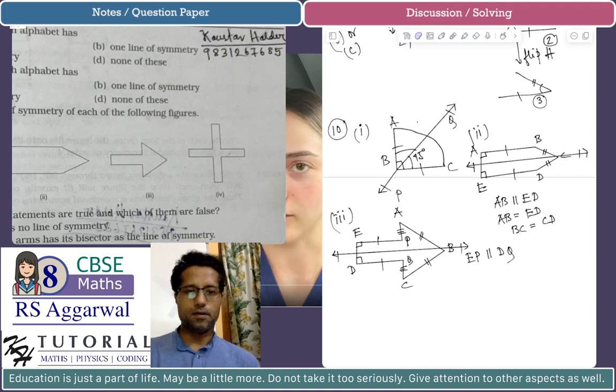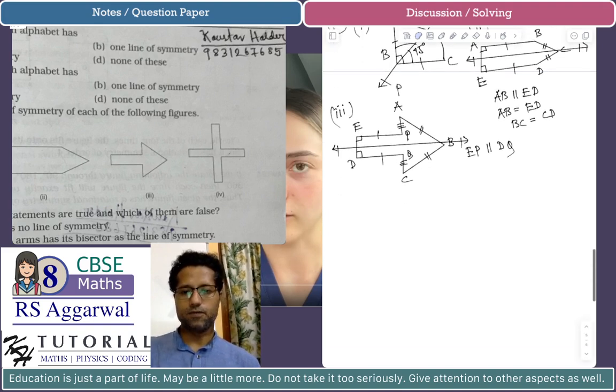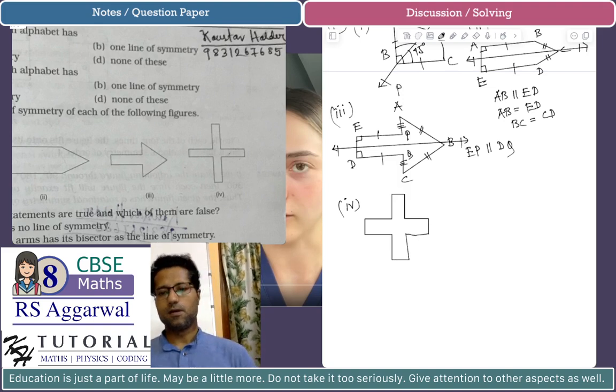Okay, and the last figure is a plus sign, not a cross, a plus sign. This will be a little difficult to draw. Let me see if I can. So more or less this is the given figure, a plus sign.